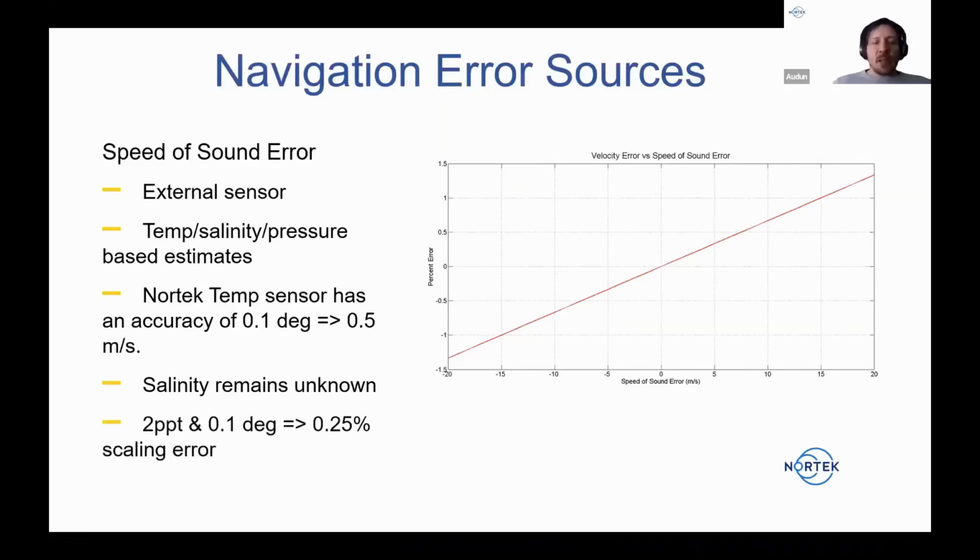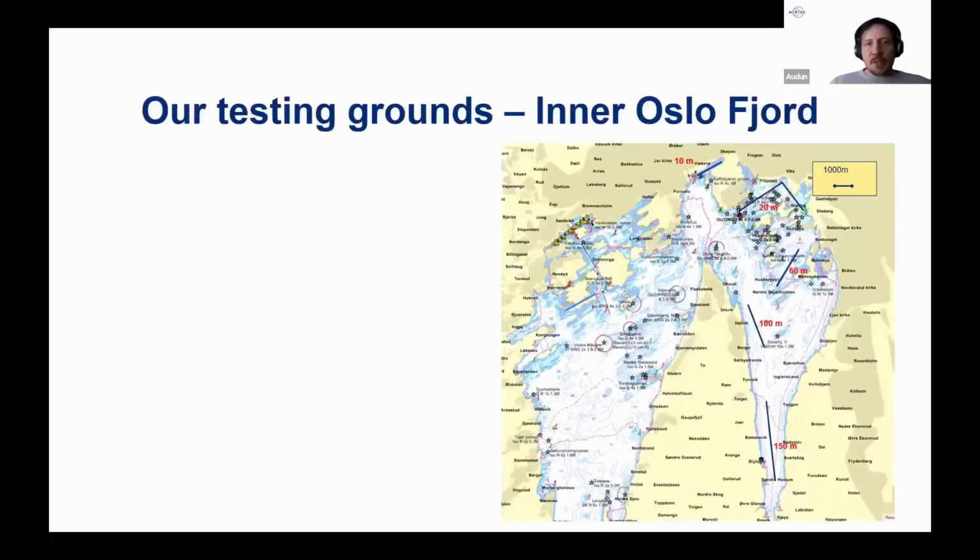That will result in a 0.25% scaling error, which is not terrible, but it's not the highest level, and it's not nearly good enough if you wanted to characterize the DVL, because you should expect errors from the DVL to be about 10 times better than this. So you really do need an external speed of sound sensor. So those are some of those sources.